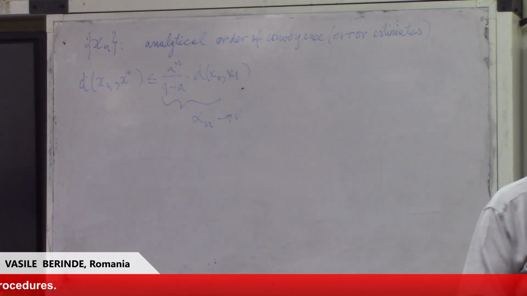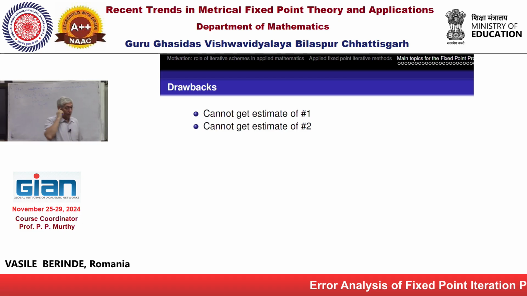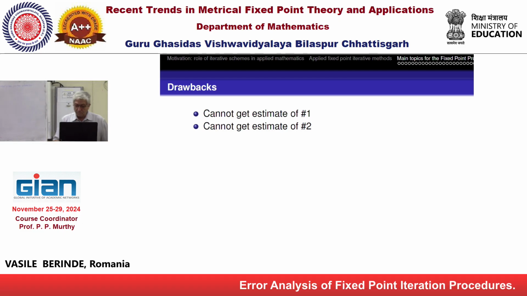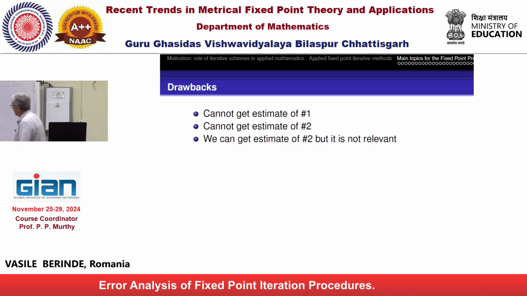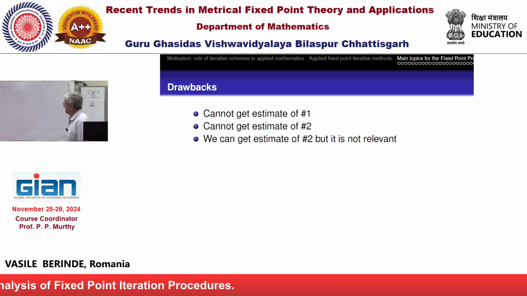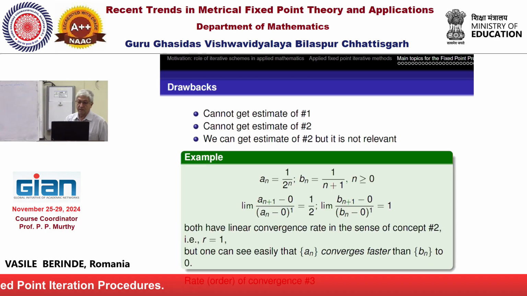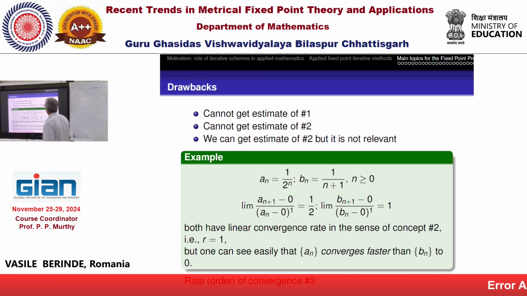But in practice we cannot obtain such an estimate for the great majority of the fixed point iterative schemes. We cannot get an estimate of type 2 either. Or sometimes we have an error estimate of order 2, but it is not relevant.